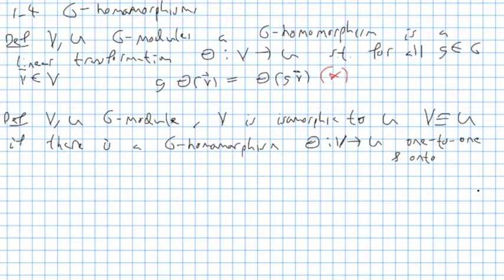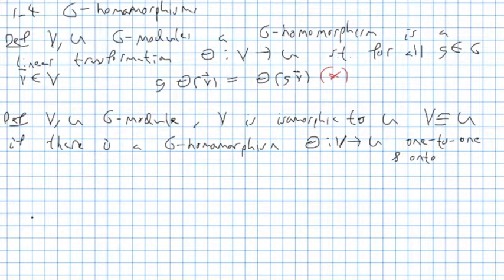So it's an invertible linear transformation that also happens to be a G homomorphism. This should be very similar to the structures you encountered when you studied linear algebra.